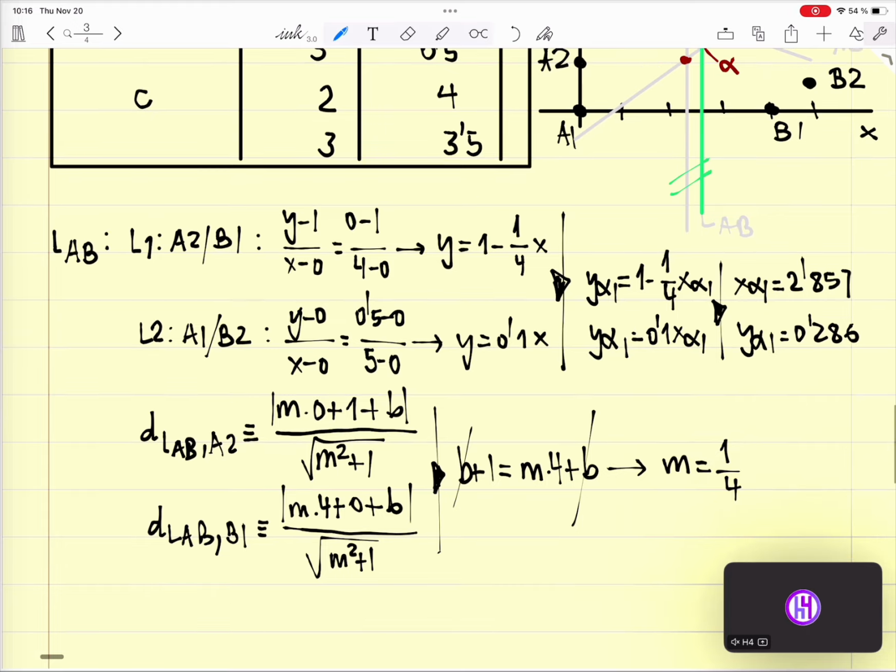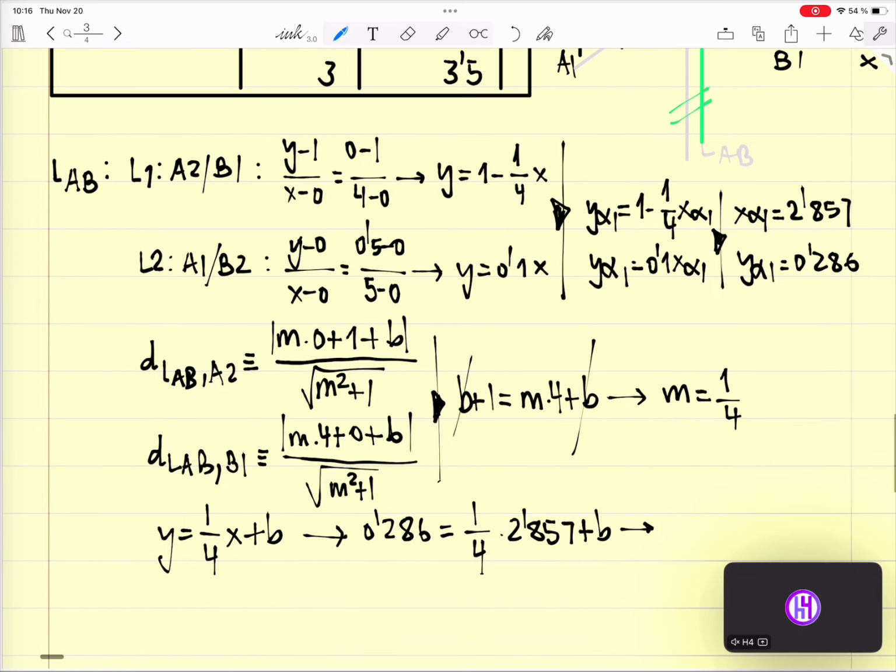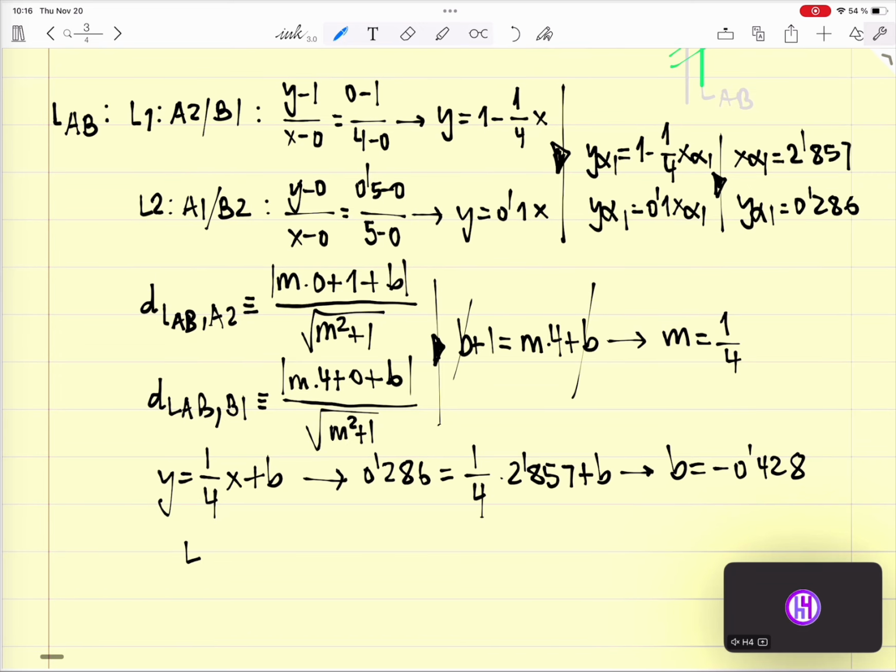And because the line goes through alpha, 0.286 equals 1/4 times x plus b. As a result, b equals minus 0.428. Okay, so the first line AB is basically the same as we have done above.